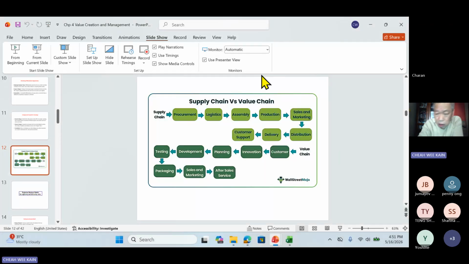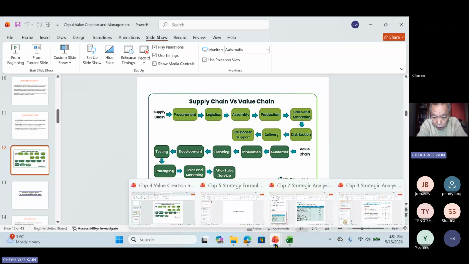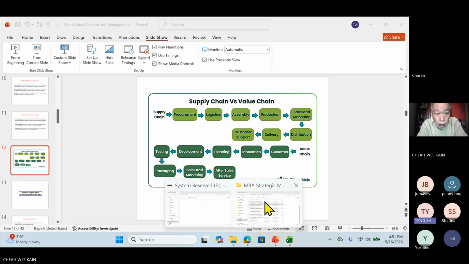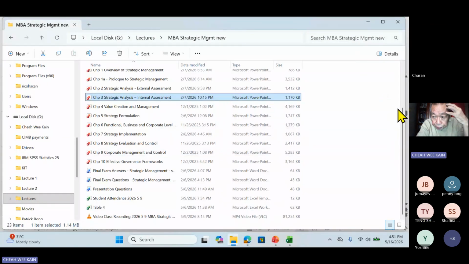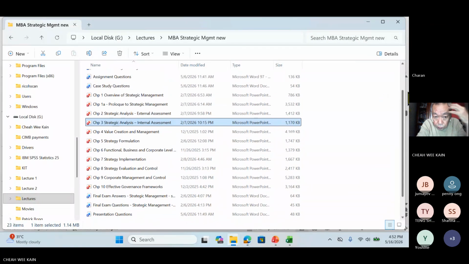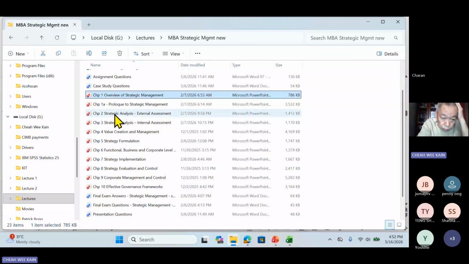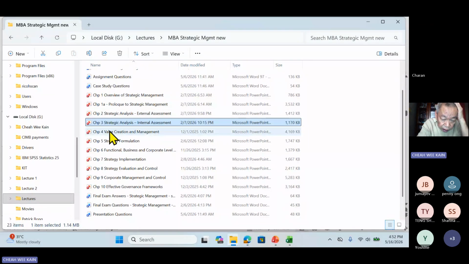It's quite close to 5 o'clock. I hope to finish chapter 5, but I cannot, so we have to stop at chapter 4. What have we learned today? We have studied the overview, the external, the internal, and then we understand the value creation.